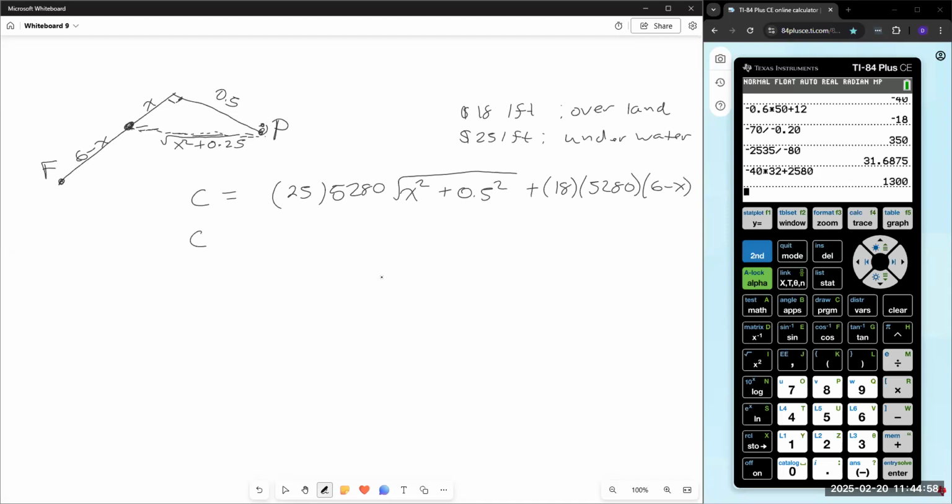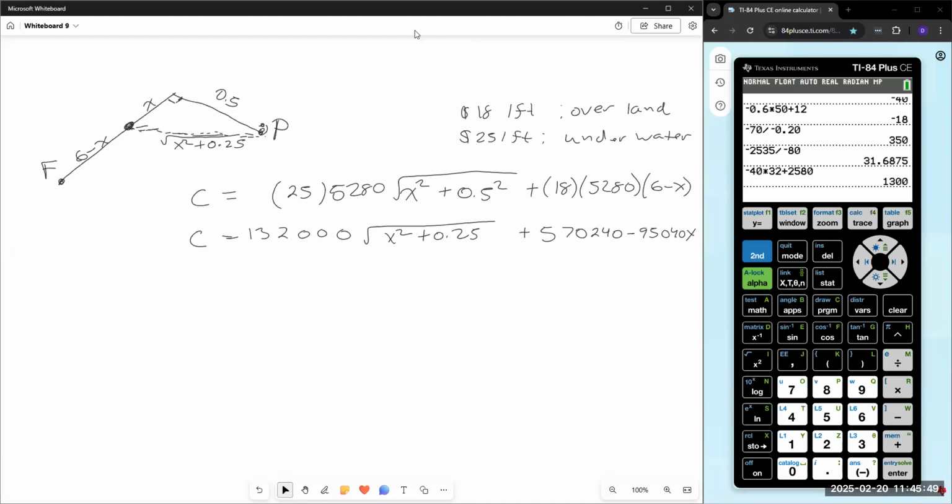So C is going to be 132,000 square root of x squared plus 0.25 plus 570,240 minus 95040x. Let me show you how I got those numbers.